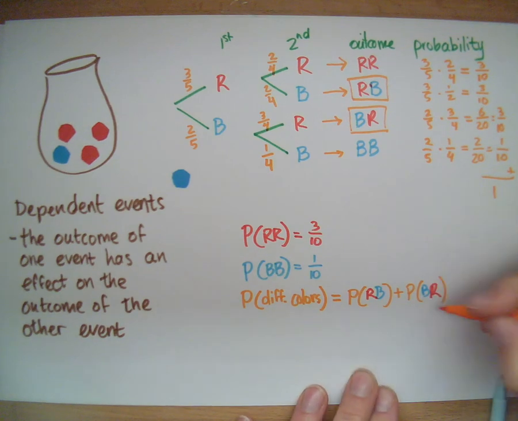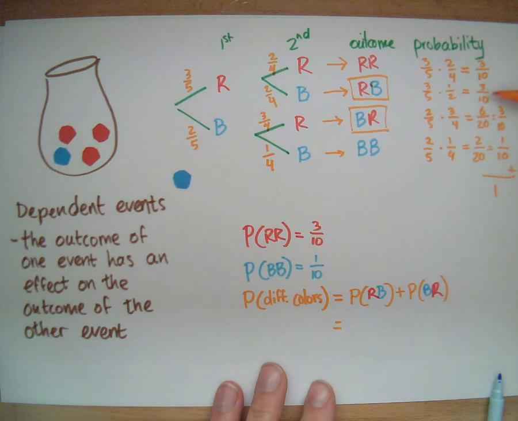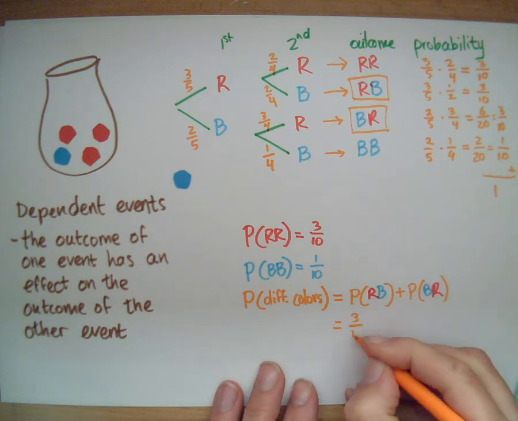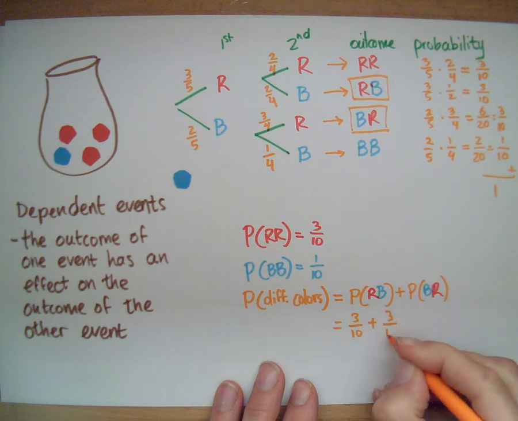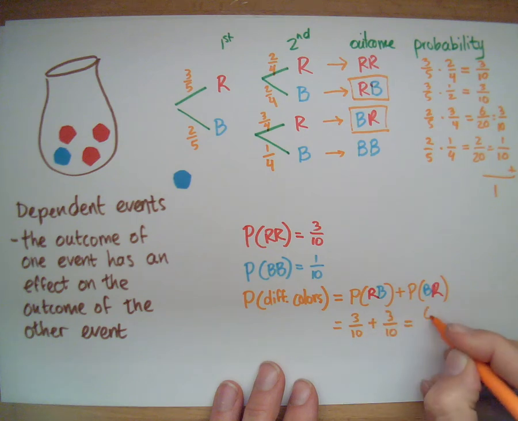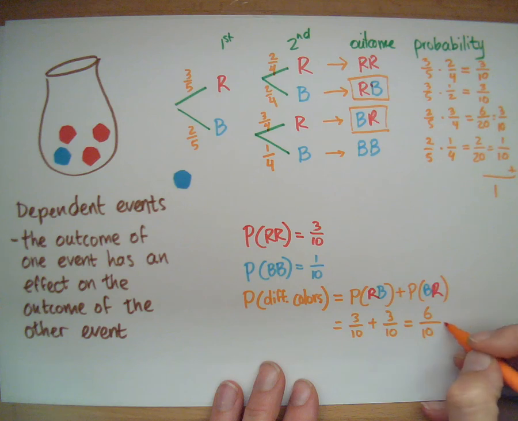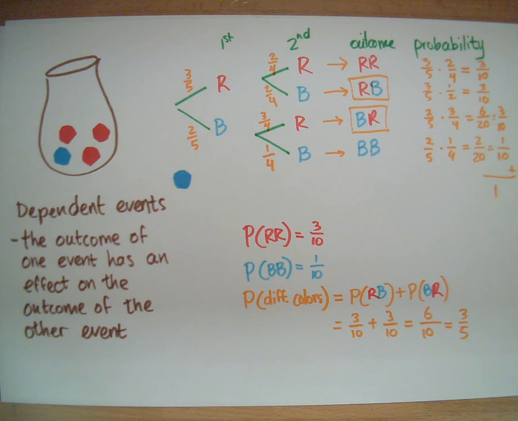Yes? Which equals this one, 3/10, plus that one, 3/10. 3/10 plus 3/10 is 6/10, or 3/5. Yeah? Pretty cool. Have fun with this.